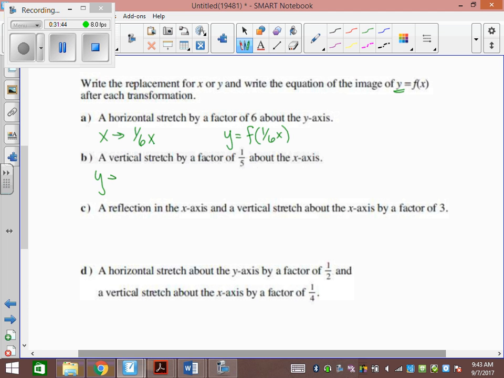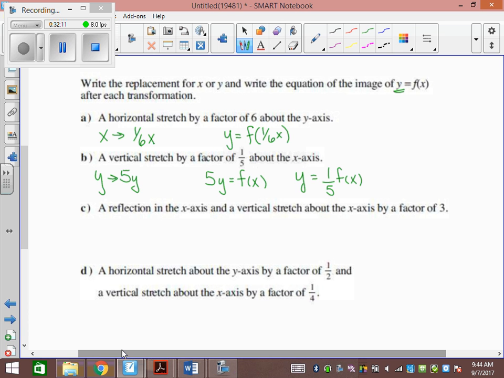My y would be replaced with what? 5y. If I just put it into my equation, I'd put it in as 1/5 on my right, correct? But if I'm doing replacement notation, I'm forcing you to put it in for y. So then it would flip. So you'd have 5y equals f of x. And then you divide the 5 over. So you'd get y equals 1/5 f of x.